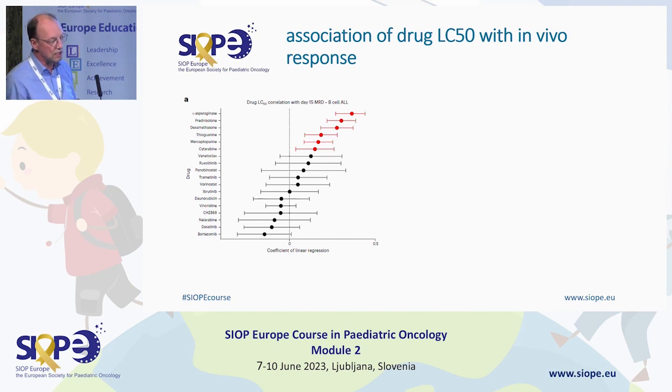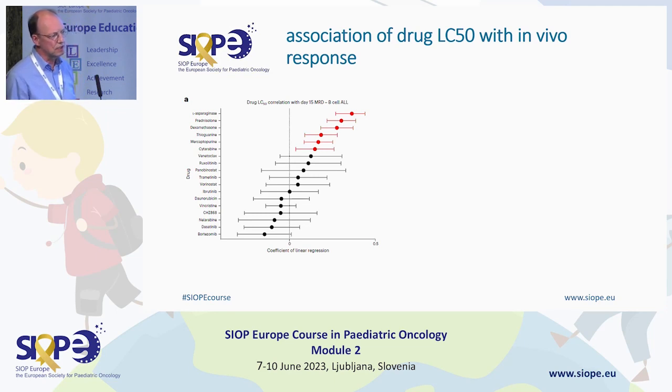So a change of 10 corresponds to a change of 3, and a change of a coefficient of about 0.3 corresponds to a 2-fold increase in MRD.